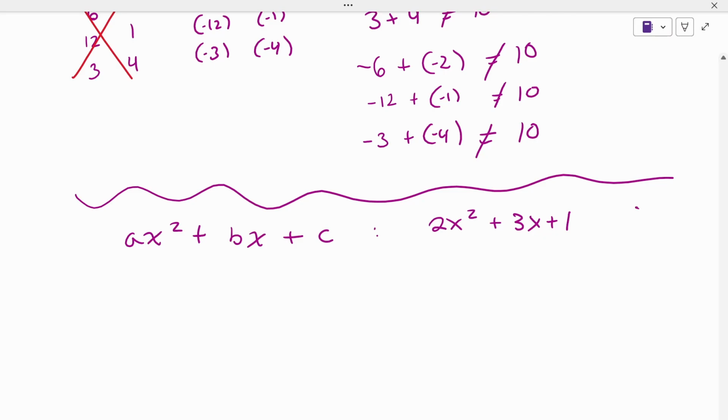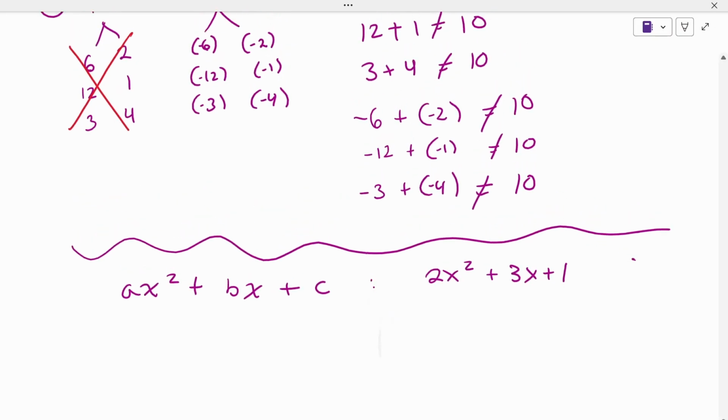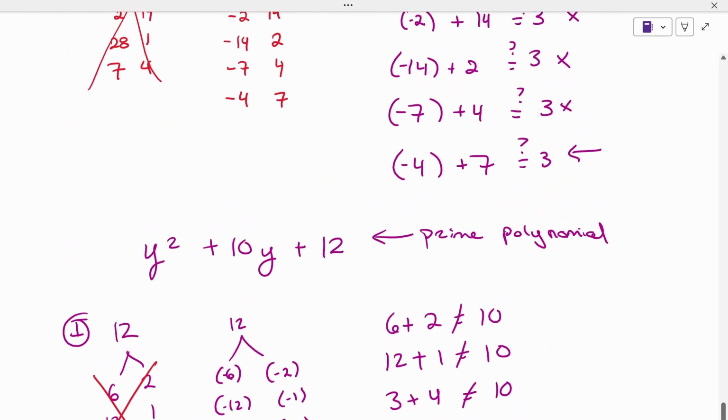Now note that 2x squared plus 3x plus 1 is a trinomial expression because there are 3 terms. But note that 2 doesn't divide 3, and 2 doesn't divide 1, and 3 doesn't divide 1. So there really isn't a GCF that you can factor out of the trinomial expression itself. And of course, this particular trinomial doesn't fit the general pattern that we had here, where you've got an x squared term with a bx plus a c.